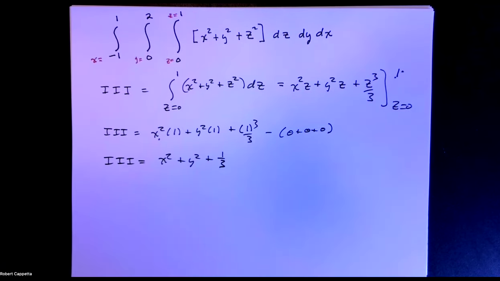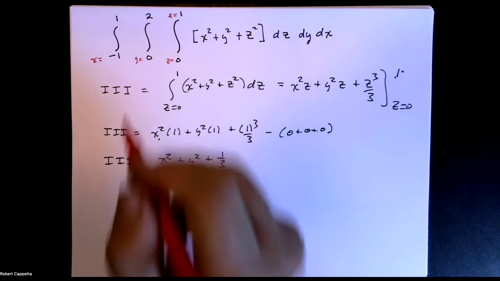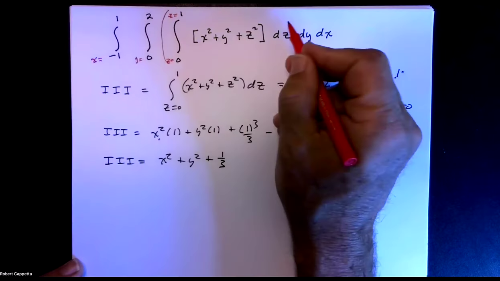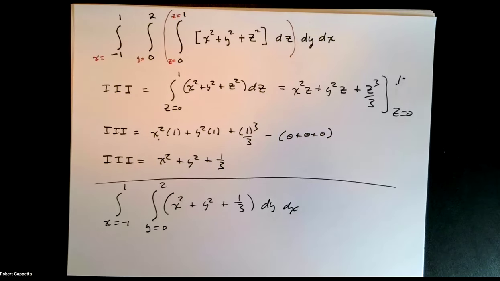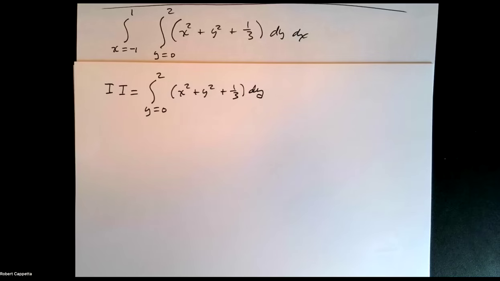Notice we have lost the variable. The z is gone. So I'm going to replace that innermost inner integral with what I just did and rewrite it as follows. So replacing the innermost inner integral, we are here, and then our next job is to do the inner integral.